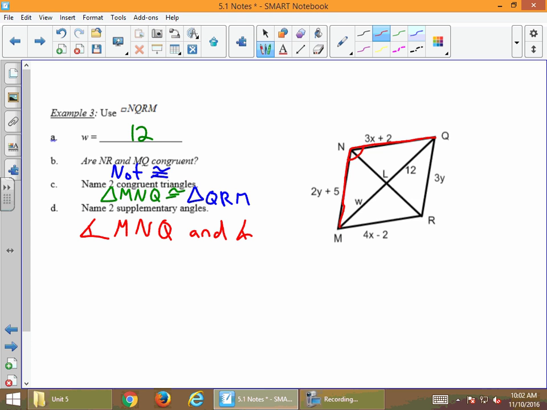Okay, really, I want you to focus on that middle point where that angle is. What's the middle point of that angle? The middle point is N. I need to find an angle that is sitting right beside N. There's actually two choices, M and Q. Not NQ, I just want the angle. This angle right here, angle Q, is sitting right beside it.